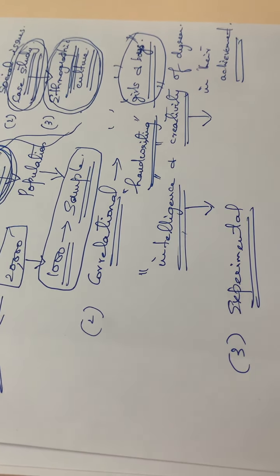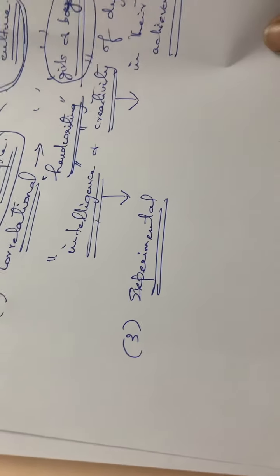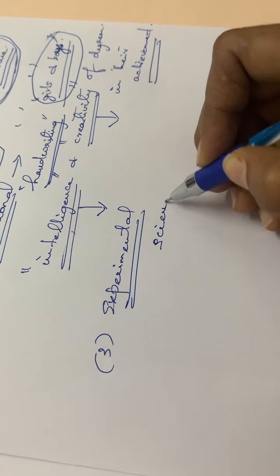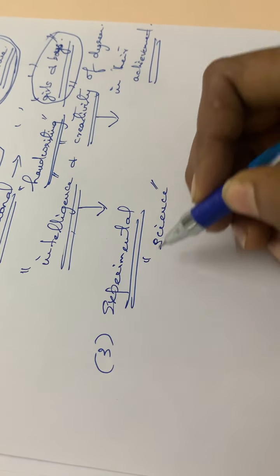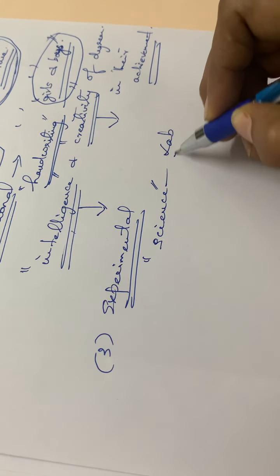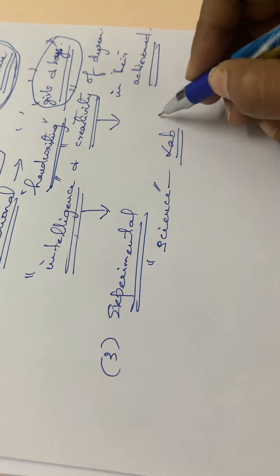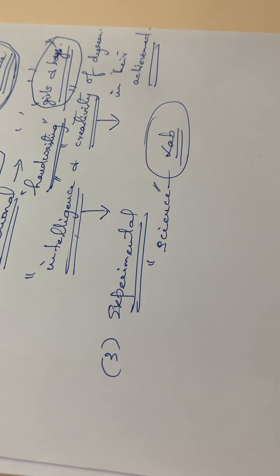Experimental research. See here, in the case of experimental research, normally we science students will be using this experimental research in the lab. In the laboratory we are using this experimental research, that is in physics, chemistry. We are using this laboratory method of experimentation.